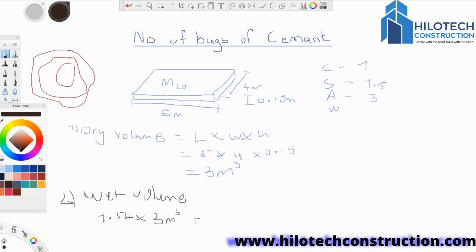If we multiply that, that is equal to 4.62 meters cubed. And of course, you can see that it is greater than the dry volume, because this is a product of the wet mix, and this is a product of the dry mix.